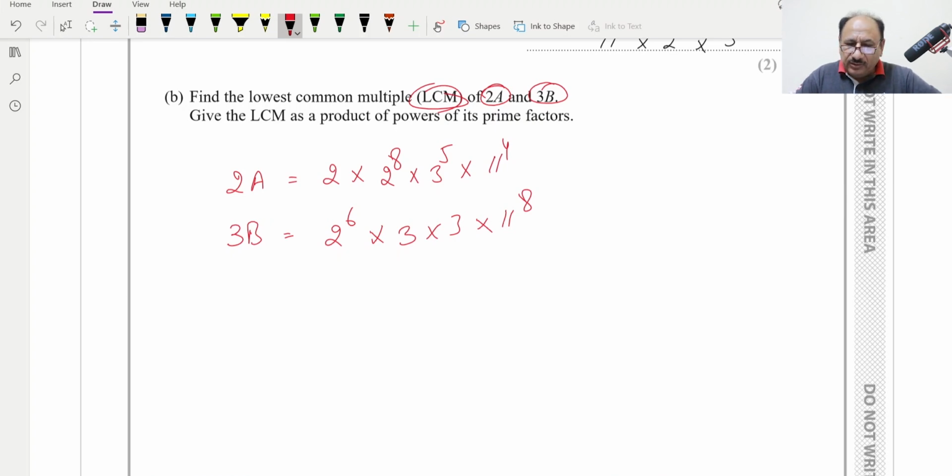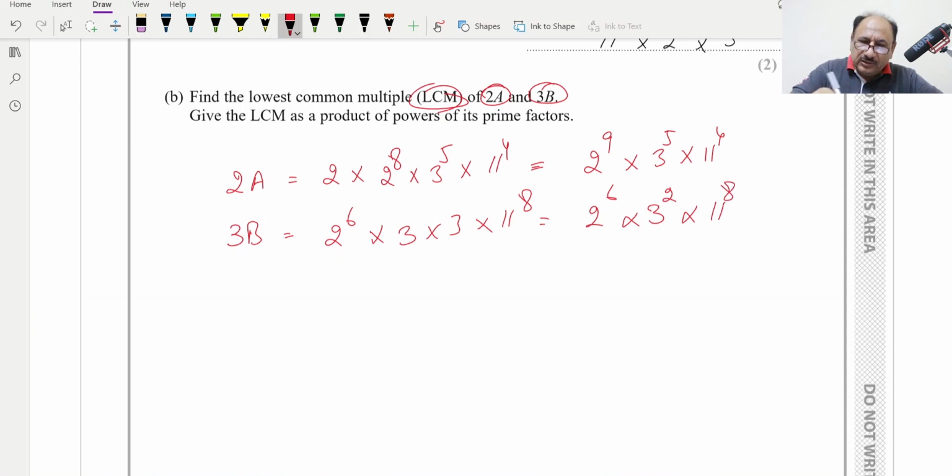We can rewrite this in power form. 2 into 2 raised to the power 8 is 2 raised to the power 9, then 3 raised to the power 5 and 11 raised to the power 4, and this will be equal to 2 raised to the power 6, 3 raised to the power 2 and 11 raised to the power 8.